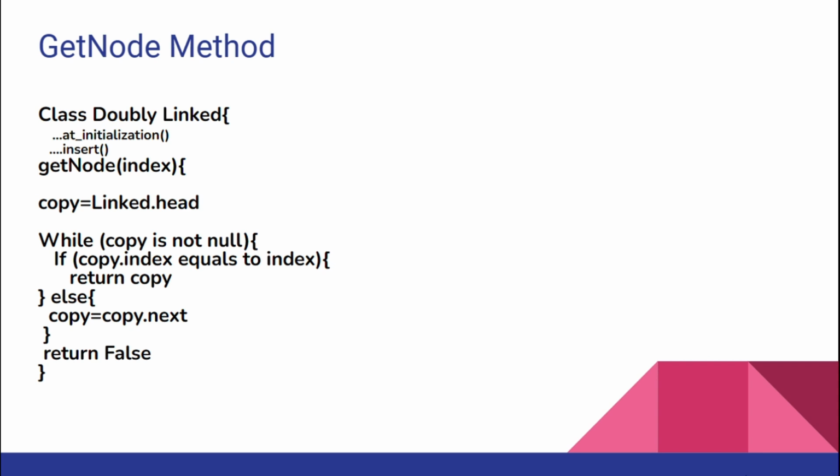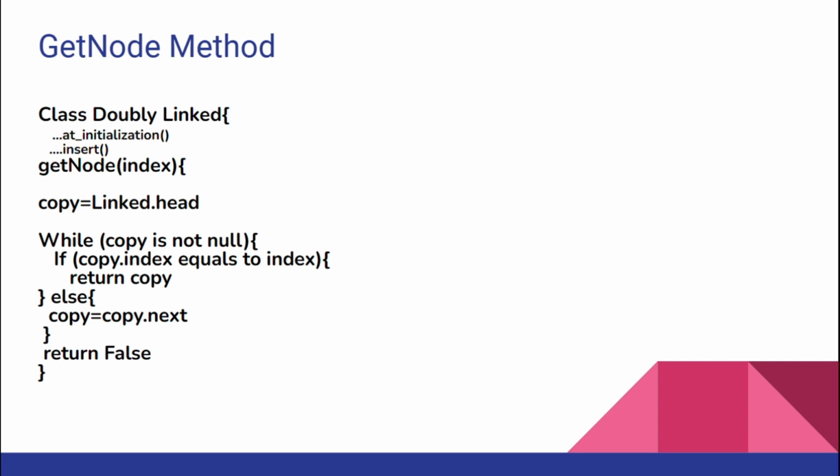So this is the get node method of the doubly linked list, and what it does is that it takes an argument called the index and fetches an individual node from the linked list collection. So how does it do that? It creates a copy of the head attribute of the linked list in a variable named copy. Then it traverses through that copy. How does it traverse through that copy?